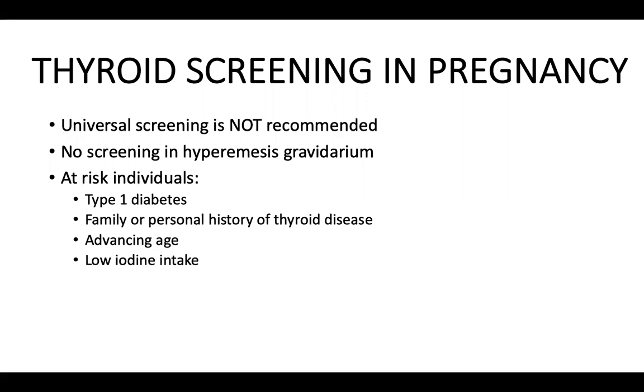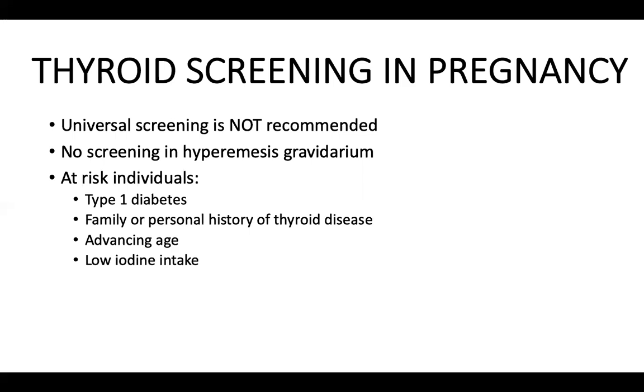At-risk individuals are your type 1 diabetics. 40% of them develop thyroid disease, because thyroid disease is actually an autoimmune disorder usually. And so if you got one, you're at increased risk for a second one. Now, if you have a family or personal history of thyroid disease, like if you had Graves and your thyroid was ablated, ultimately you're going to get hypothyroidism.